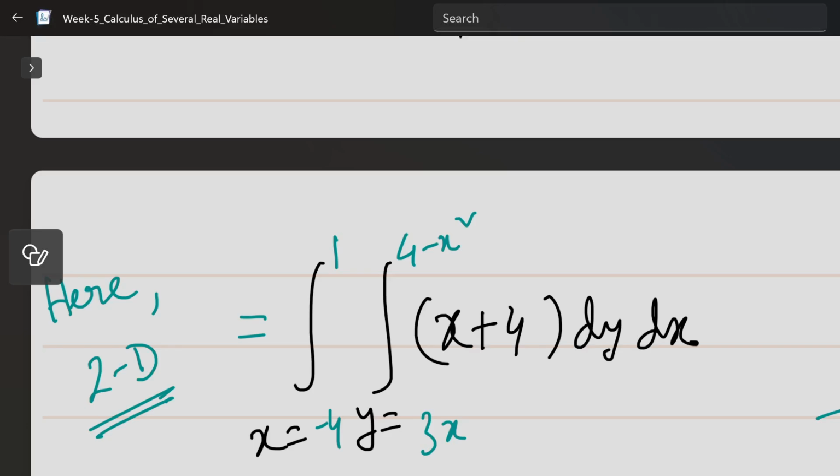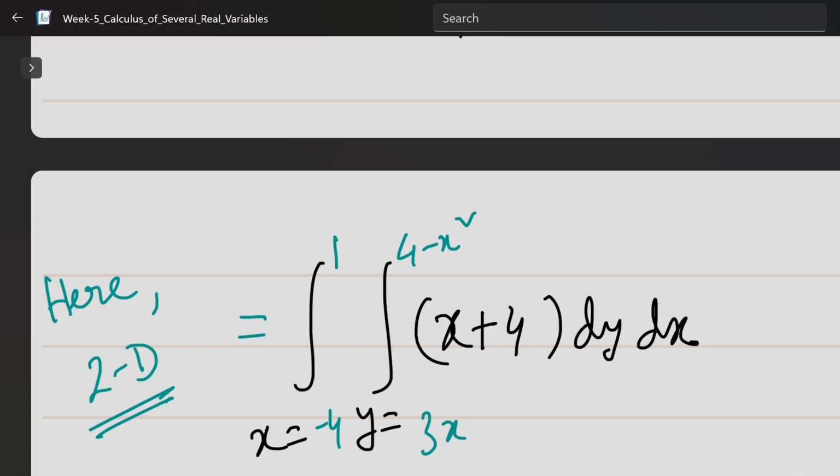So better to take a vertical strip, because a vertical strip will give you everything. No need to divide the region like that, because the vertical strip covers everything. So this is the main motto.